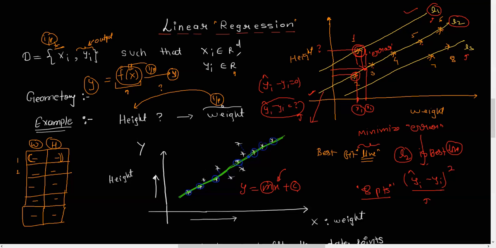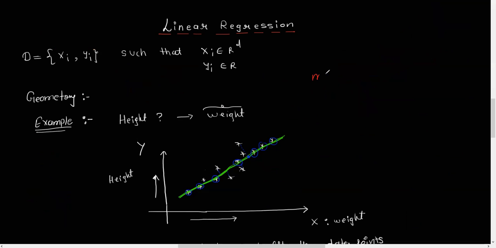So actually in linear regression, what we are trying to find out is the slope and intercept which can minimize our error. So we need to find out the best line. Best line means we need to find the best slope and intercept which can minimize our error, and that's the mathematics actually. So we want to find the best slope and intercept which can minimize our error per particular point.